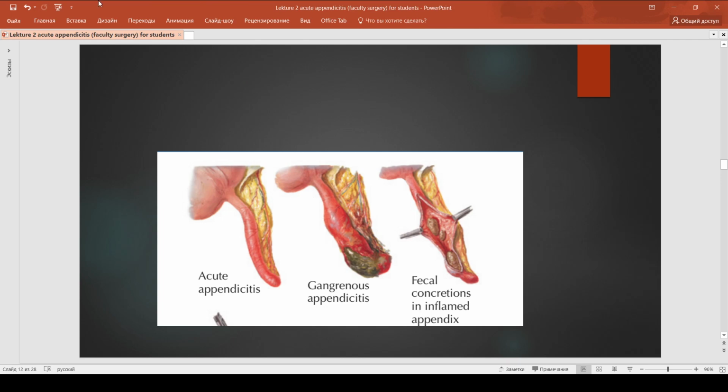So on the left you can see catarrhal appendicitis, no fibrin, no purulent coverage, and gangrenous appendicitis, because one side of this appendix is destroyed by necrosis.